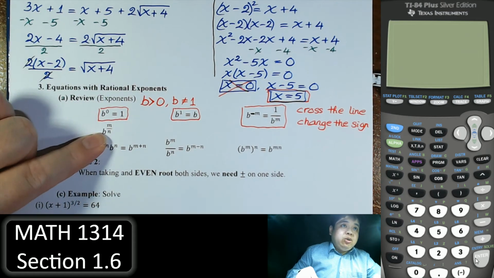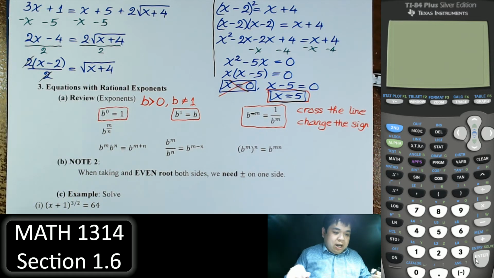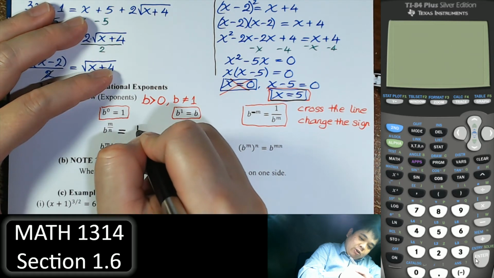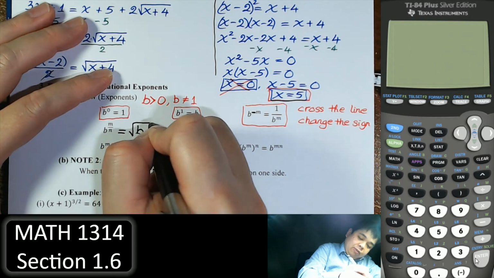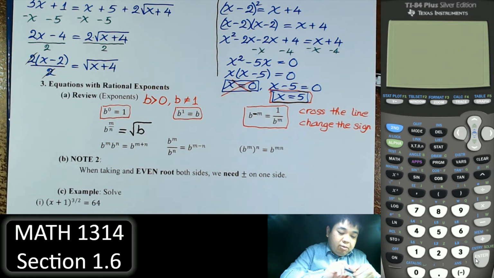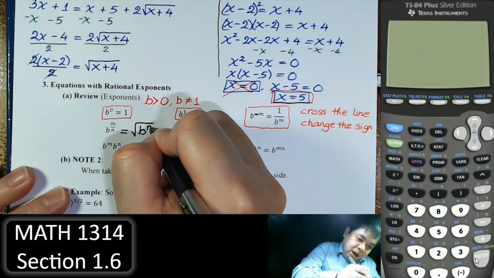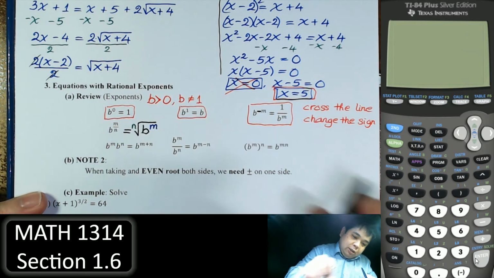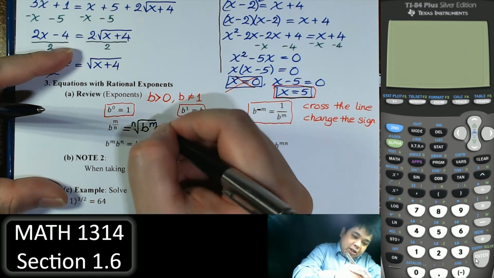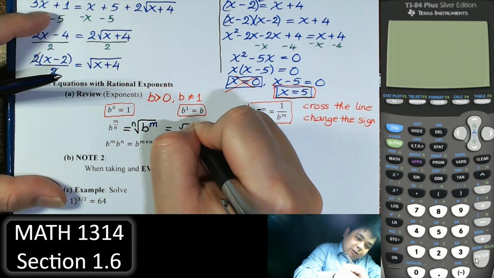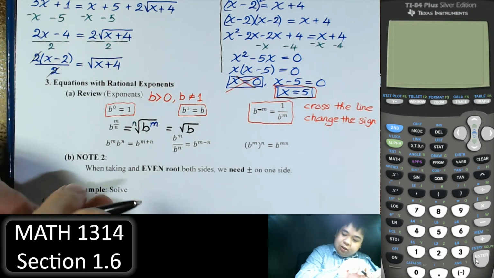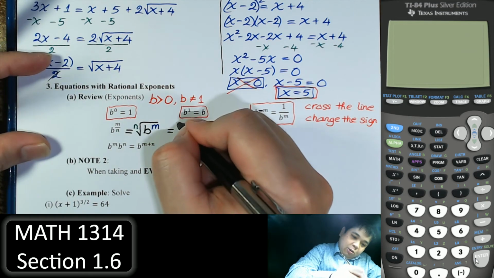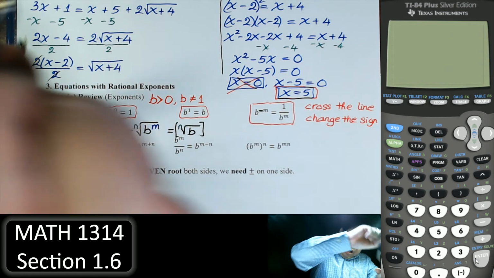Right, next, B to the M over N. What's that equal to? The M on the top will be the power. The N at the bottom will be the root. Of course, you can also write the root first, and then all of that to the M power.